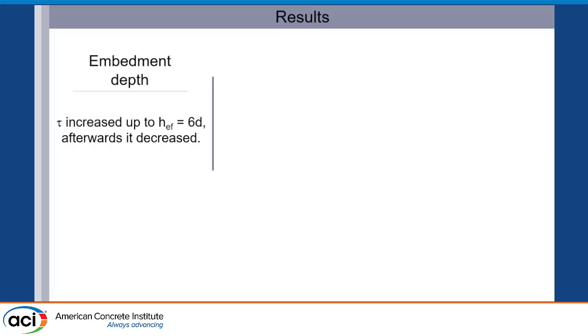We have the results. First of all, for the embedment depth, as we saw, we had an increase of the failure load up to 6d for the reinforcing bar D12, and up to 7d for the threaded rods. However, for the confined test, we saw a decrease in the failure load afterwards.